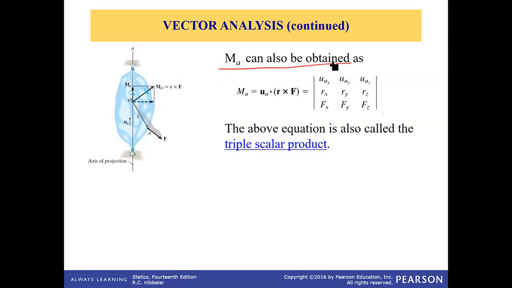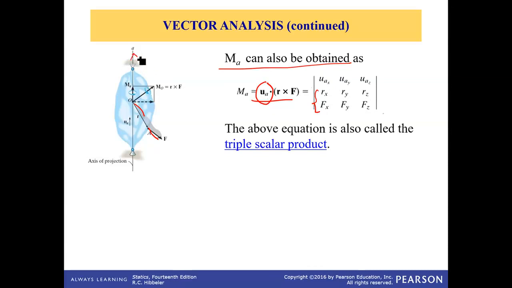So moment about an axis A, in this case this is the axis A. This is where the force is applied, and this is the position vector, and it can be calculated using U dot R cross F, where the second and third rows are the same as before, three components of R, three components of F, but the first row is the three components of the unit vector along this axis.